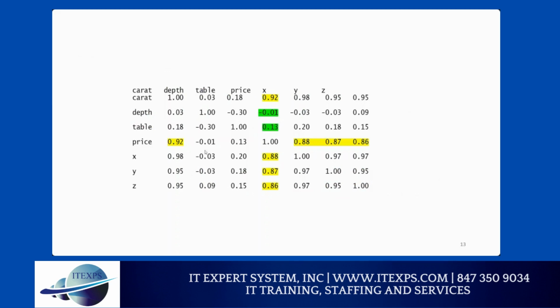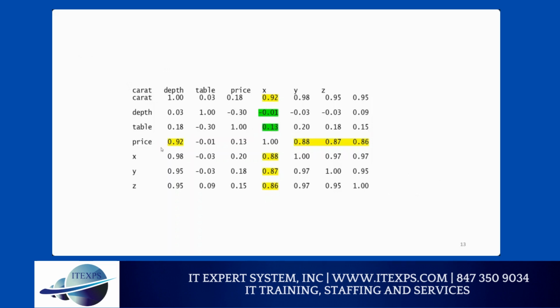This is the combination of R values for all combination of numerical variables. Here in this, I see carat has a strong relation with X. Depth and table don't have any relation.